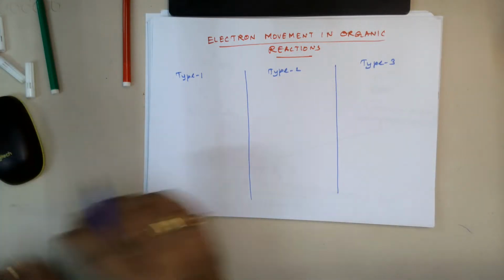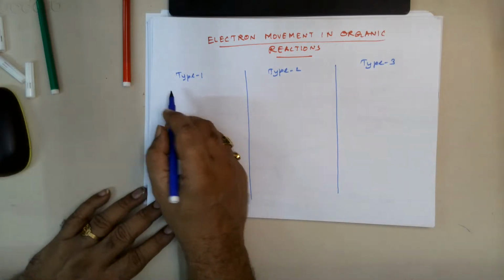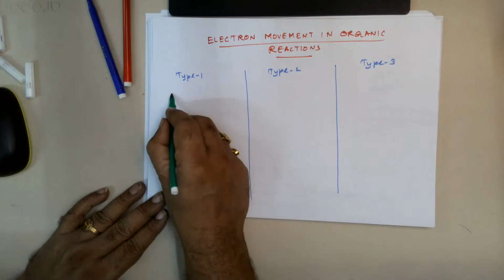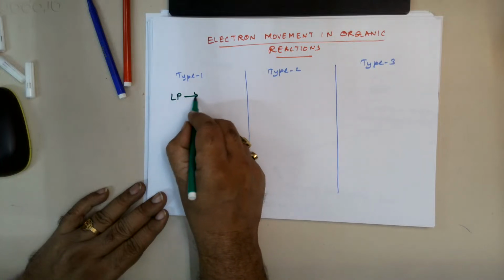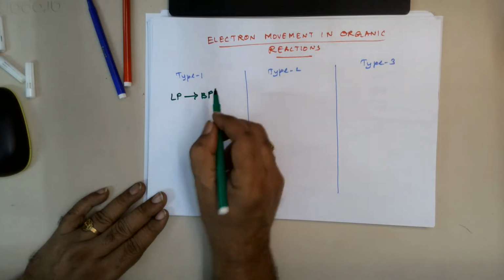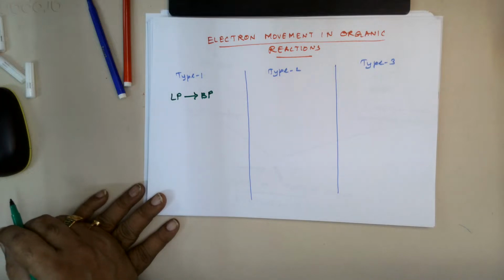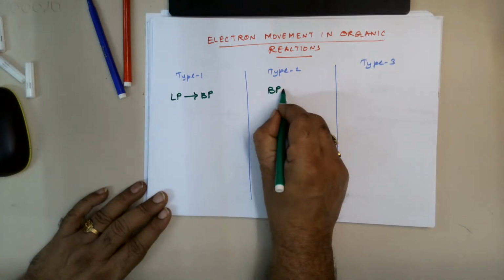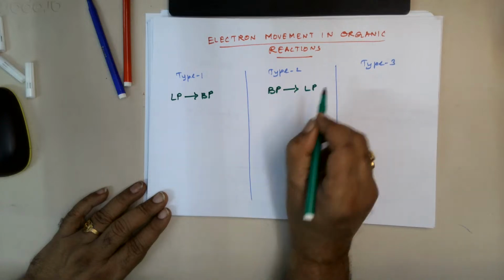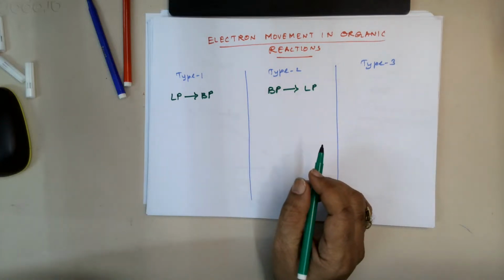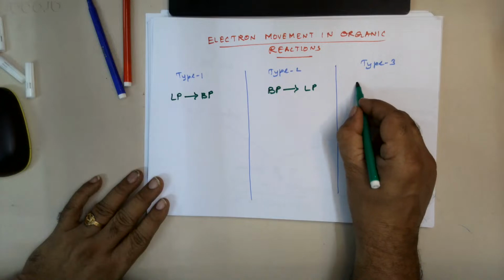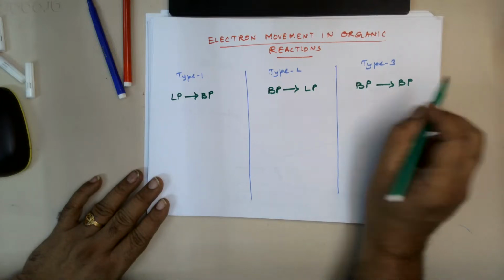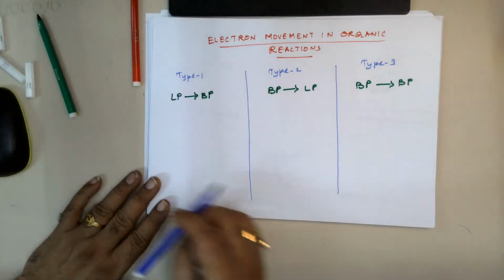Let us illustrate type 1. This is called a lone pair to bonding pair. Type 2 is bonding pair to lone pair. Type 3 is bonding pair to another bonding pair. That's all. Now let me illustrate.